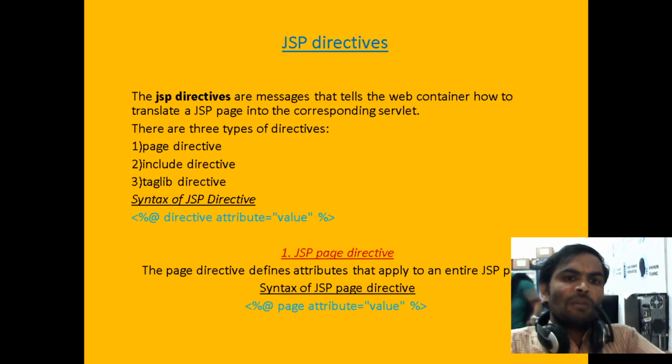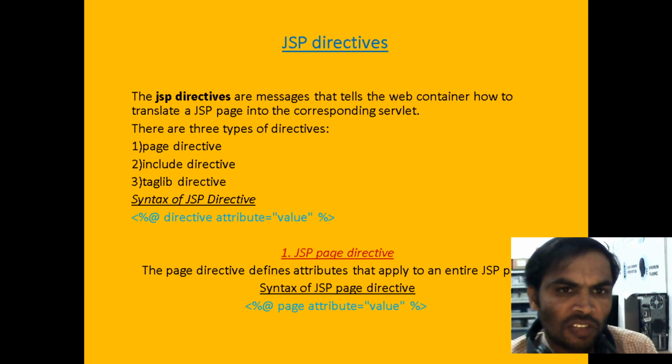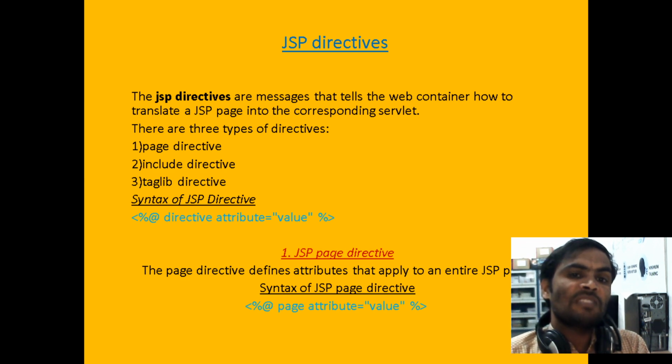Now, here is one more important topic in today's class, for LAQs: directives. JSP directives are very important for today's class. Implicit objects were very important. Coming to the JSP directive tags, they come under the basic JSP tags.